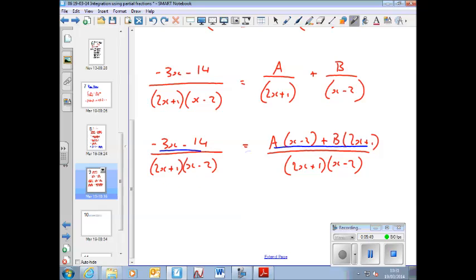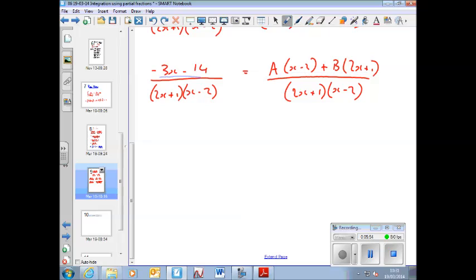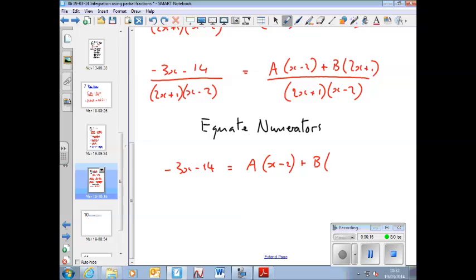So we equate the numerators. We say that minus 3x minus 14 equals A times x minus 2 plus B times 2x plus 1.